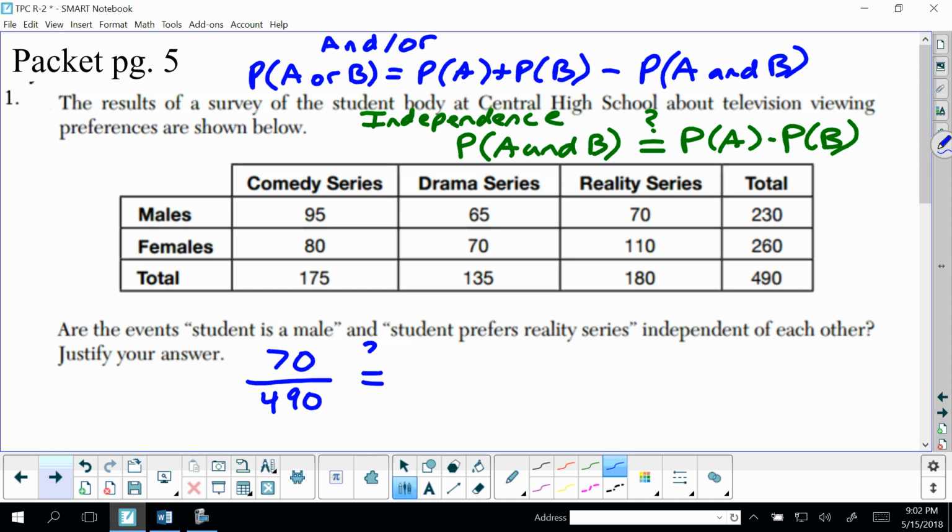And we want to know, is that equal to the probability of each of our individual things? So if thing A is probability of a male, our total number of males is 230 over our overall amount of 490, times the probability of a reality series. Overall for a reality series, we have 180 out of 490.